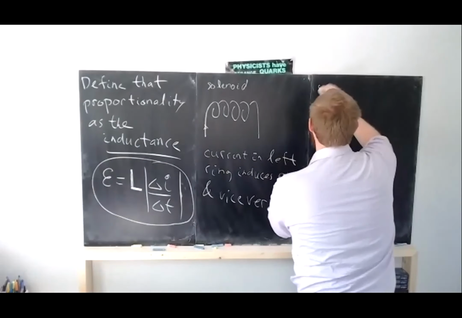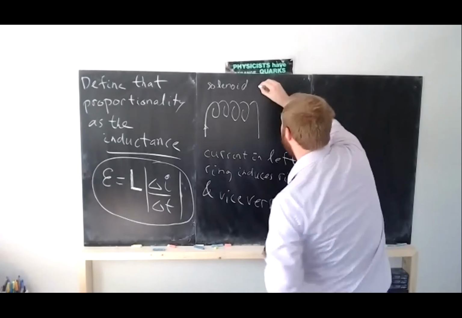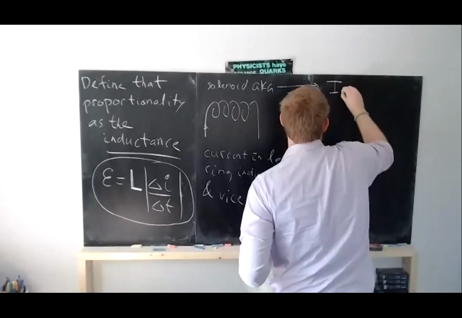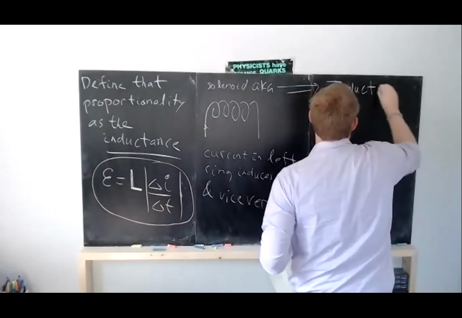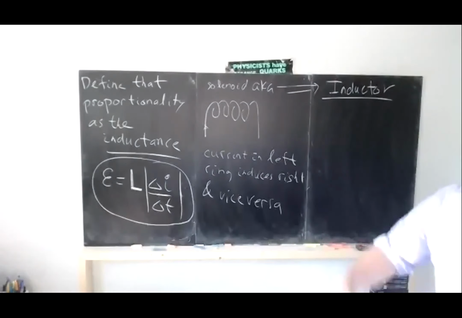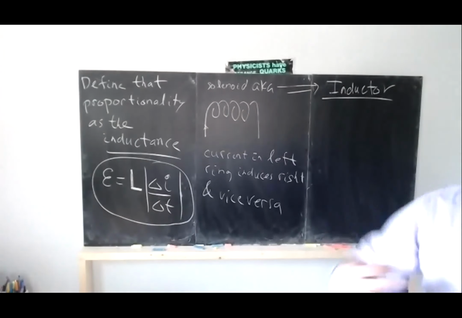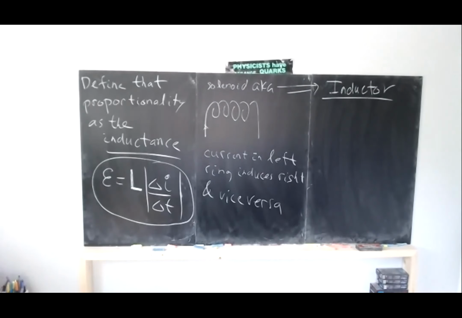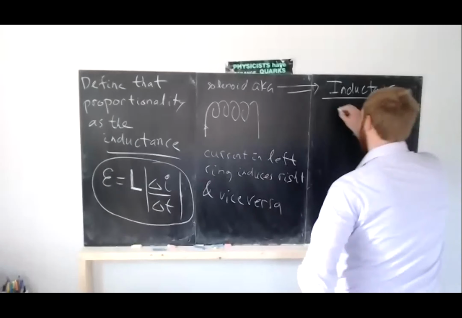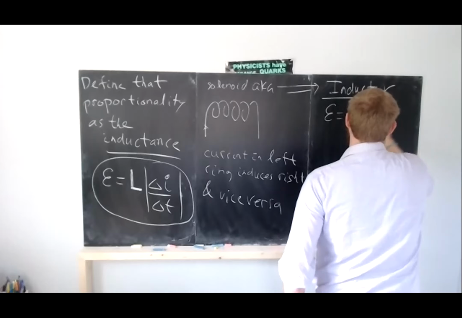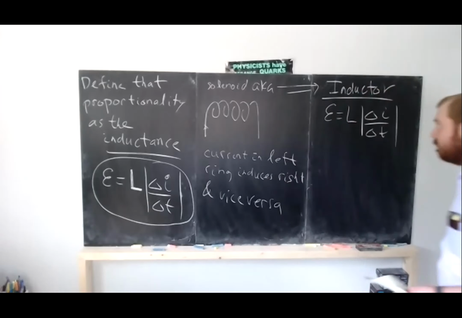So a solenoid can be labeled as, solenoids are also known as inductors. They are an inductor. They can induce on themselves. With this equation that applies again, EMF is L delta I over delta t.